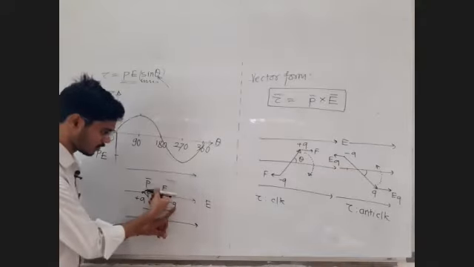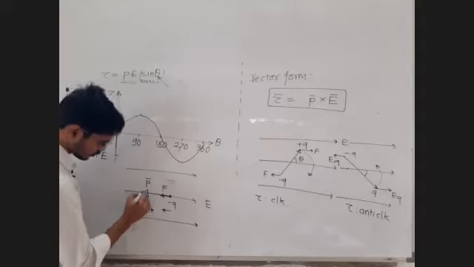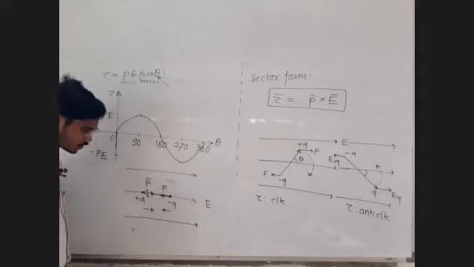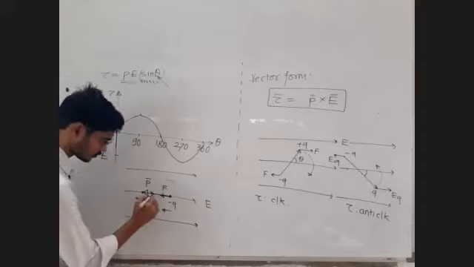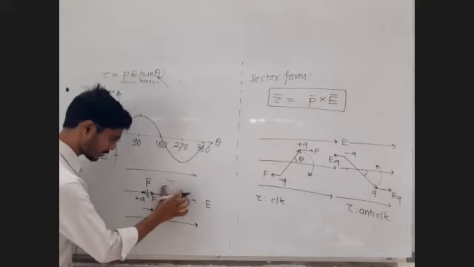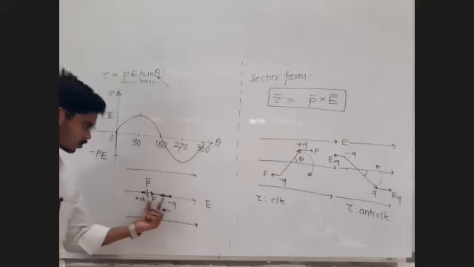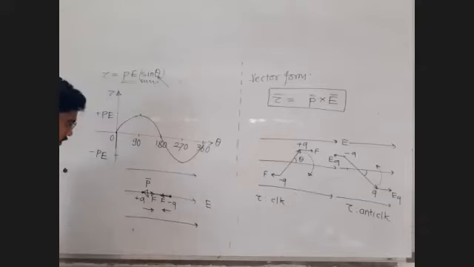These two forces are equal and opposite, but the perpendicular distance between them is 0. So net torque is 0.